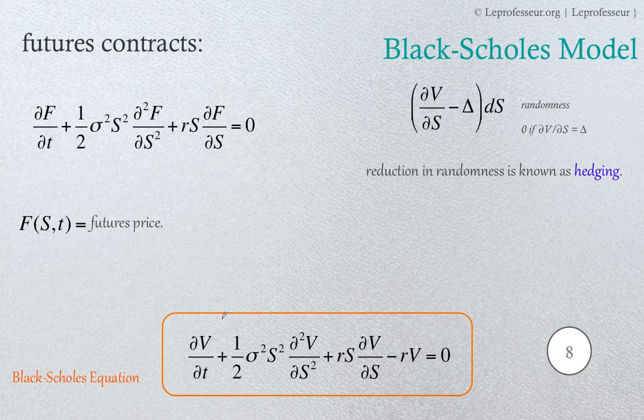So instead of using V as the value of the option, we want to know what is going to be the future price. So in the same equation, instead of V we just use F, and we have no more R times V, because it is the future price. It's not really anything you are holding, it's coming in the future, okay. Let's call it equation number 11.